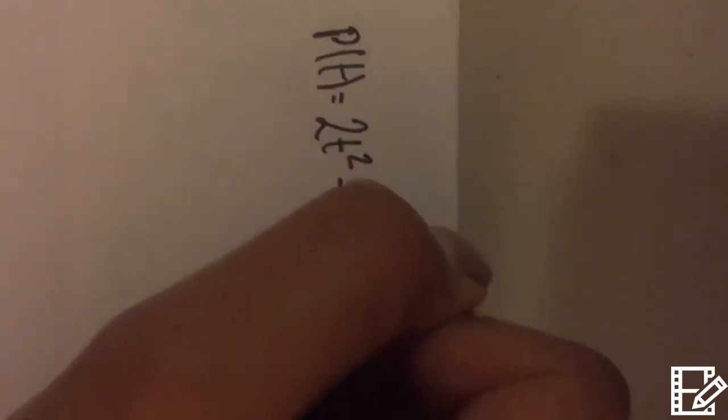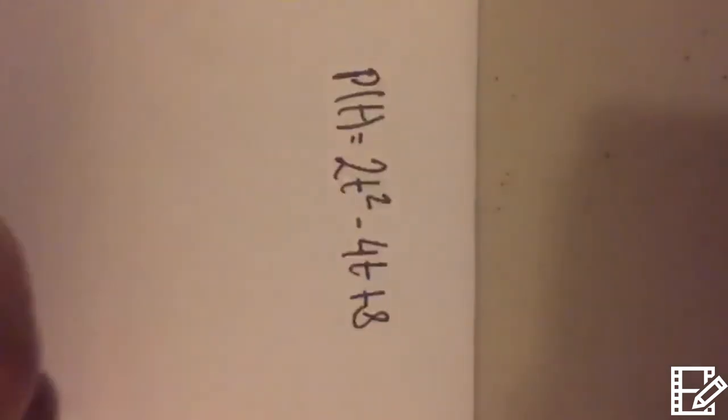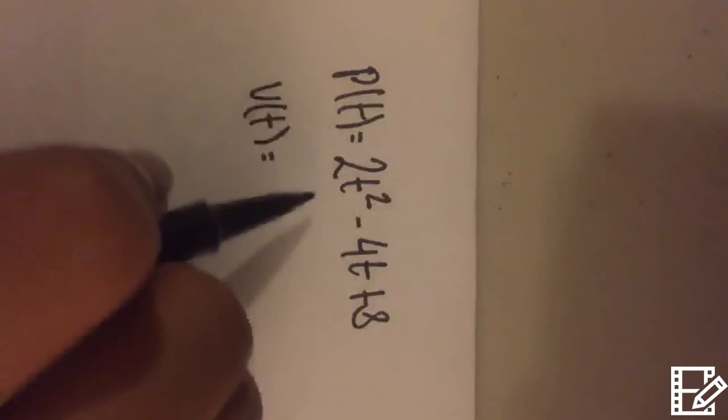So let's just note that. There we go. So let's say we start off with the equation p of t equal to 2t squared minus 4t plus 8. So our velocity graph, v of t, would be the derivative of this p of t, right?